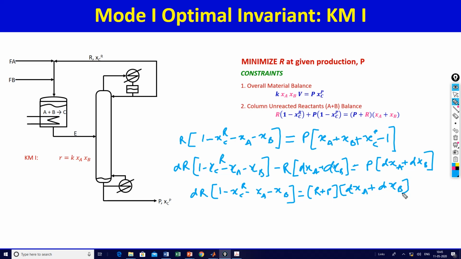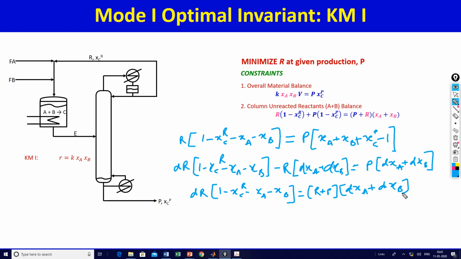Now for optimality, between XA and XB only one is independent, because one of them is fixed by the production requirement. So, without loss of generality, we'll say dXB is independent, and dXA is dependent, fixed by the overall material balance.